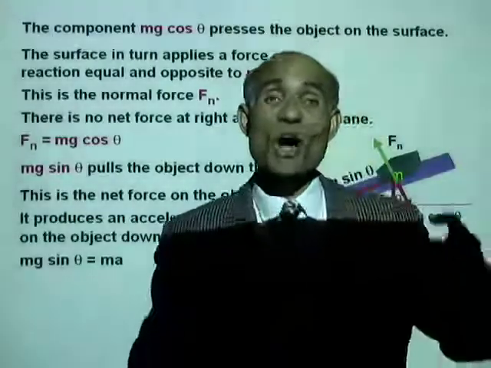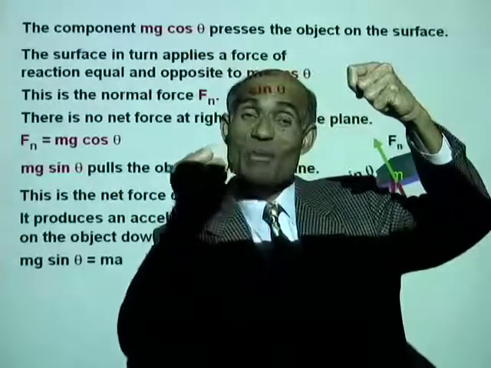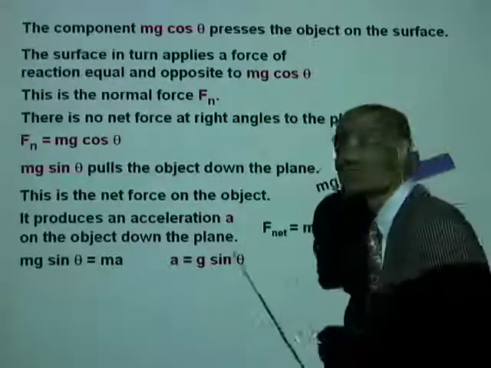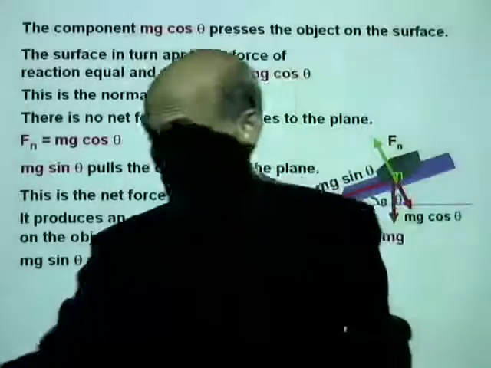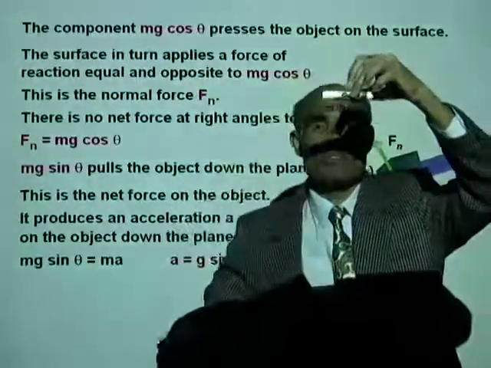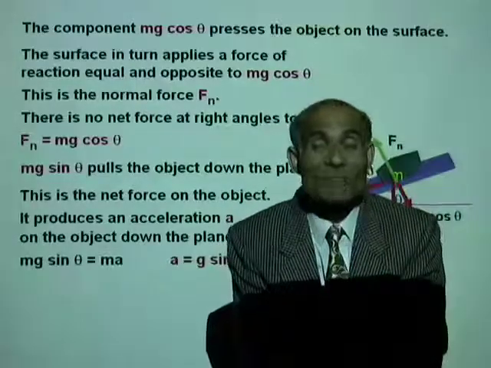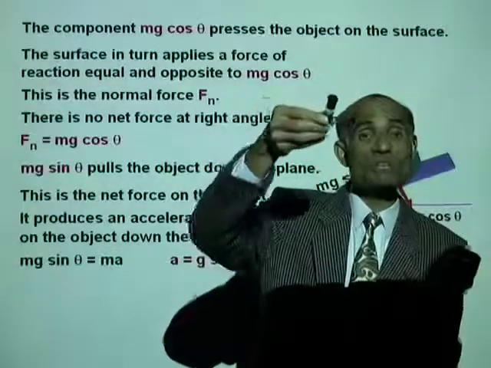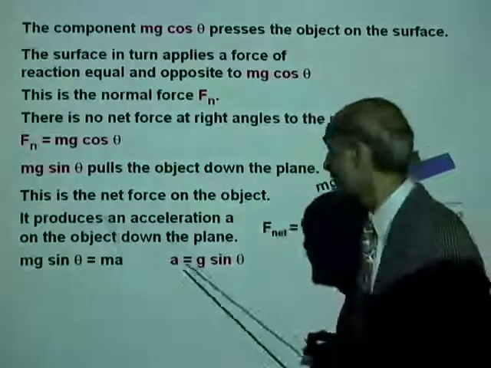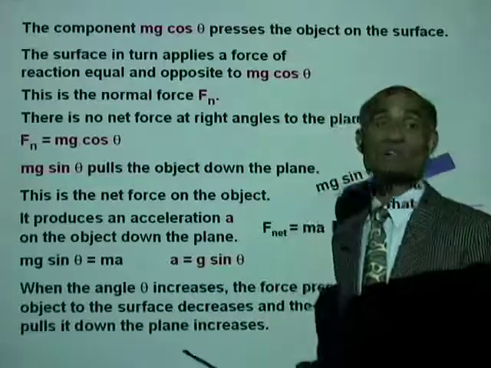When you keep an object on an inclined plane, it will accelerate down the plane, and its acceleration will be equal to g sin theta. So there is a difference between a freely falling object and this. A freely falling object has an acceleration g, whereas if the object is moving down the plane, its acceleration will be g sin theta, where theta is the angle of inclination.